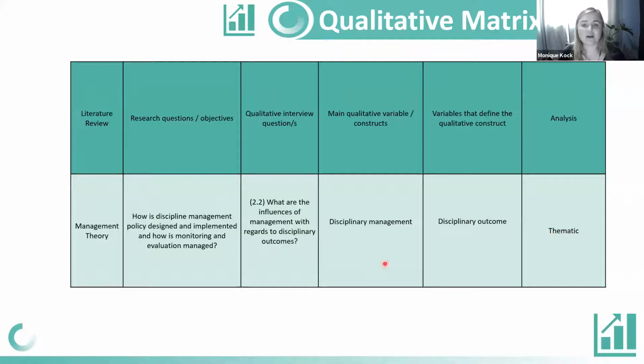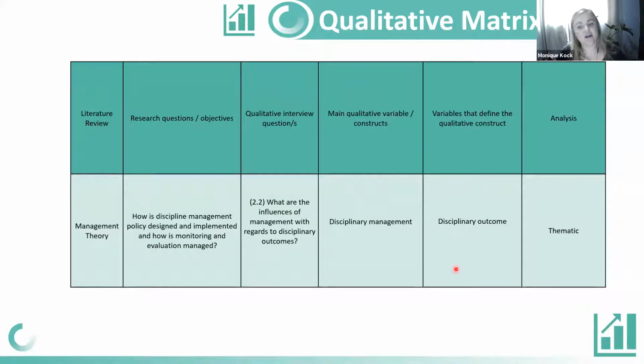So again, with regards to this process, you are taking the aim that you are trying to investigate, and you are splitting it up to note down, what does the literature say? Within my study, what are the interview questions that I can create to investigate this concept? What are the main variables or constructs? Sometimes these main qualitative variables and constructs would directly relate to your research objectives.